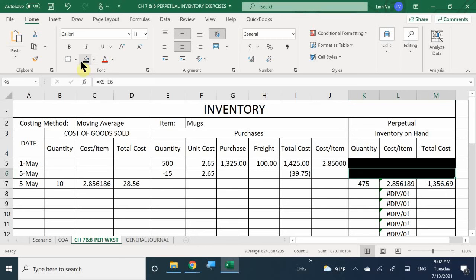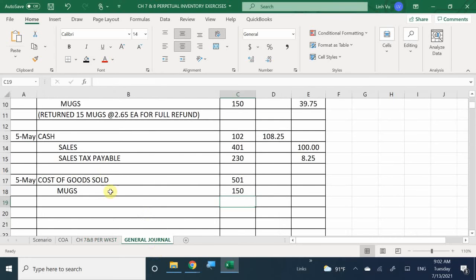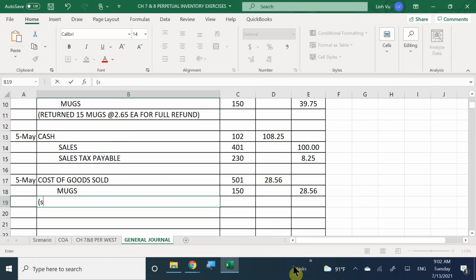Now that we've solved for our cost of goods sold, we need to update our journal to reflect how much I sold. So $28.56 is what it cost me to sell those 10 items. Then I'm going to make a note here: sold 10 mugs.